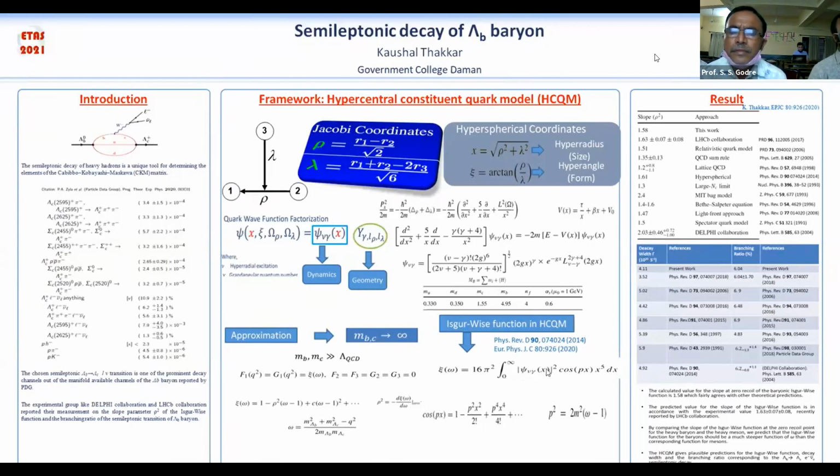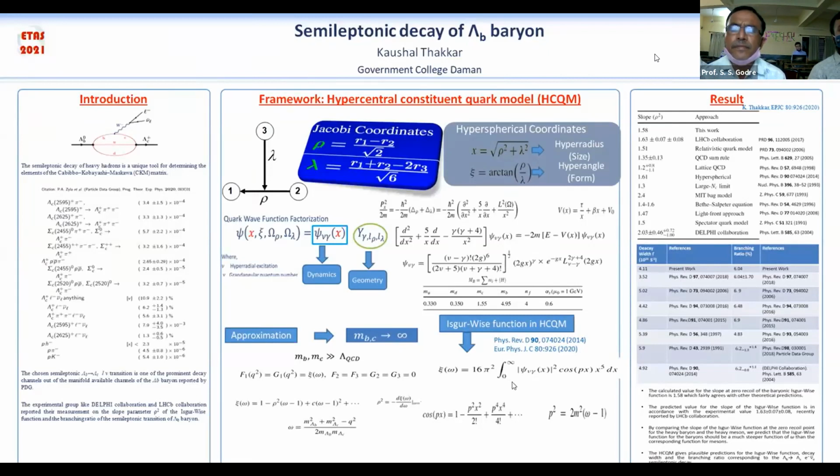This is because we have investigated the Isgur-Wise function at the zero recoil point. It means when omega equals 1, the four velocities of the baryon before and after transition are identical. After substituting the expansion of cos px into this equation, one can derive the slope and the curvature of the Isgur-Wise function in HCQM.